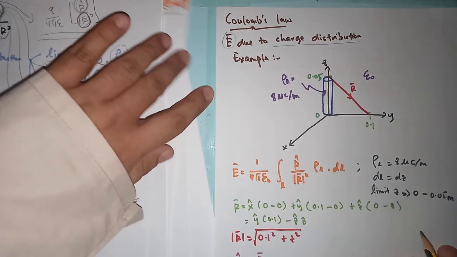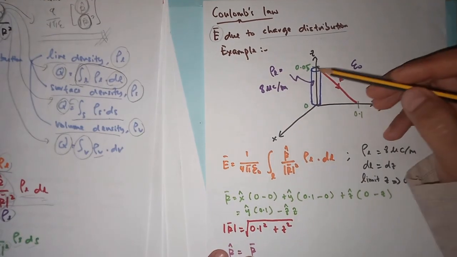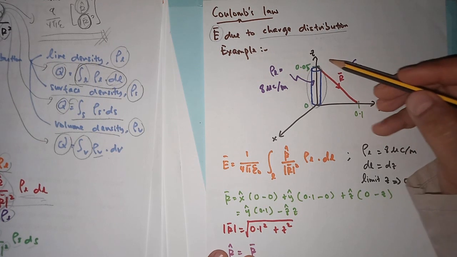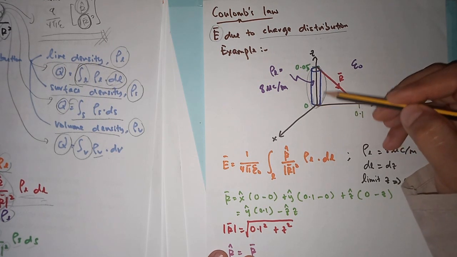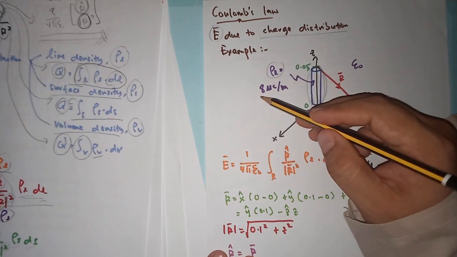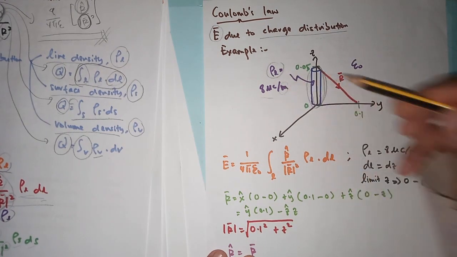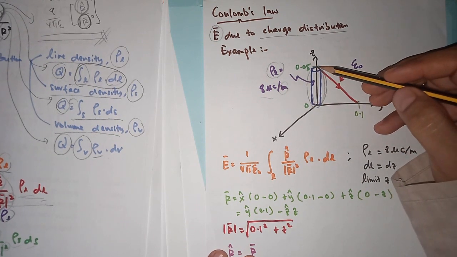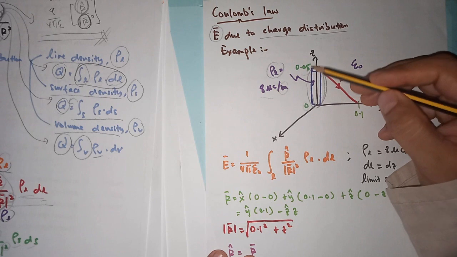Let's consider we have one line charge, or line charge density, residing on the z-axis here, and rho L is given by 8 microcoulomb per meter, and the length of the line charge is from 0 until 0.05.